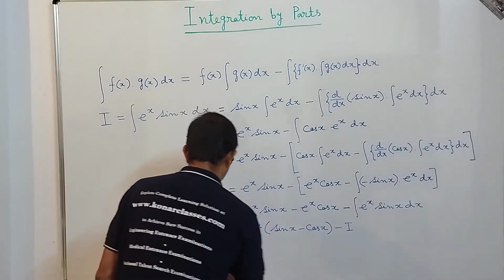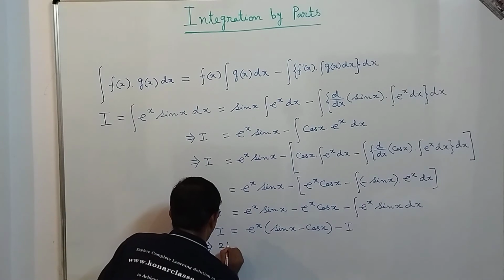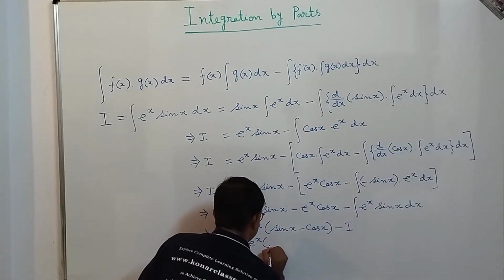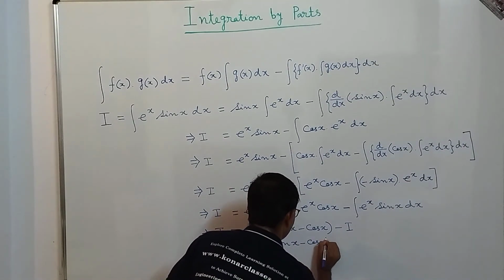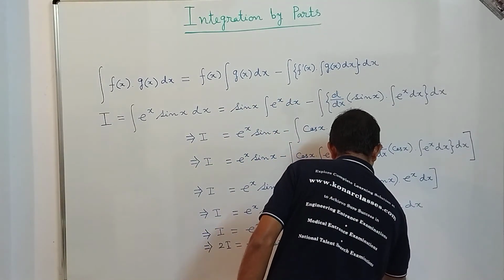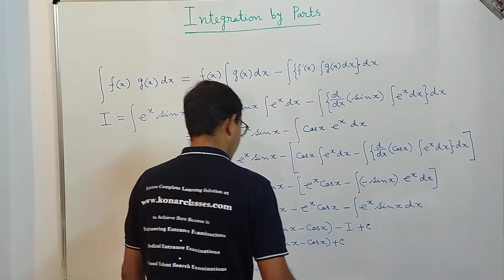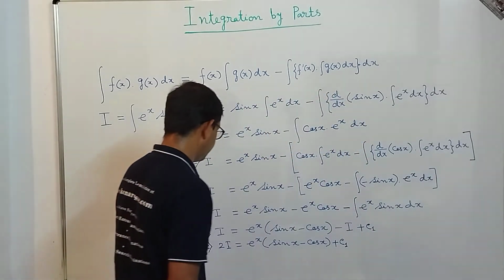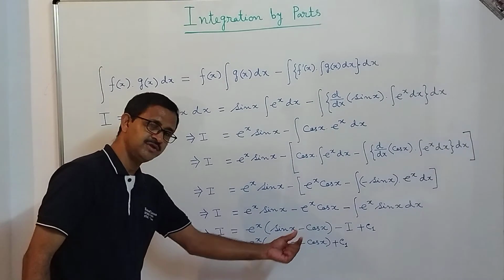So from here we get that 2I is equal to e^x into (sin x minus cos x), and we can add one integrating constant here, plus c, or you can write it as c1, where c1 is an integrating constant. Now we can make I equal to 1 by 2 of this.